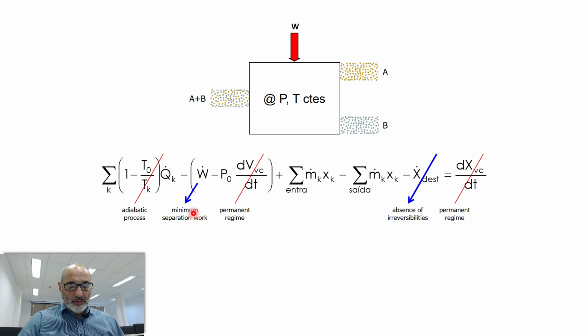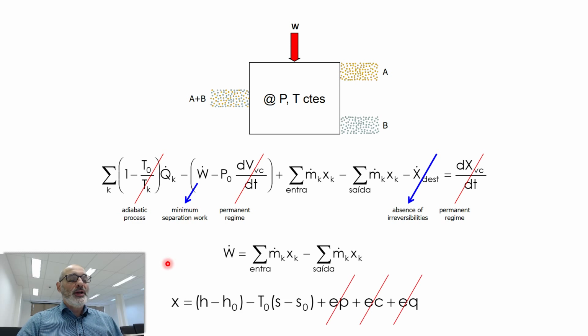Okay, so rearranging the expression, okay, W equals actually what gets in the control volume minus what is going out in terms of exergy, okay. Well, in our analysis, we're going also to neglect all potential terms of exergy: potential, kinetic, and chemical.